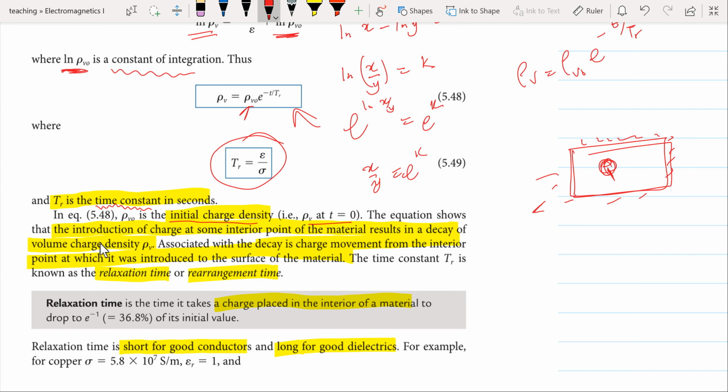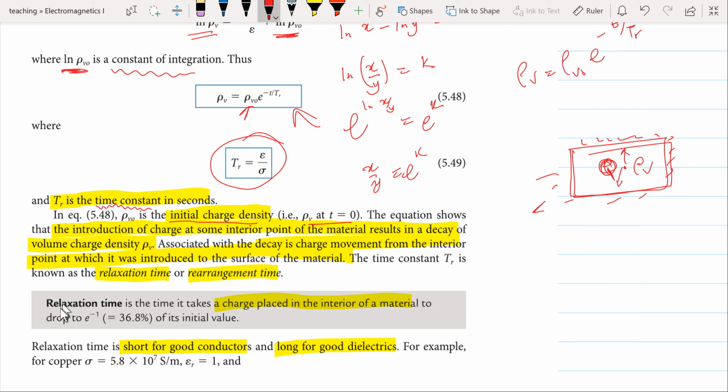The equation shows that the introduction of charge at a point of the material results in a decay of the volume charge density rho v. So if this material had a rho v and then you introduce some charge, then rho v will decay. Associated with the decay is a charge movement from the interior towards the exterior, such that the time constant is the time it takes for the charge introduced at the center to move to the surface.